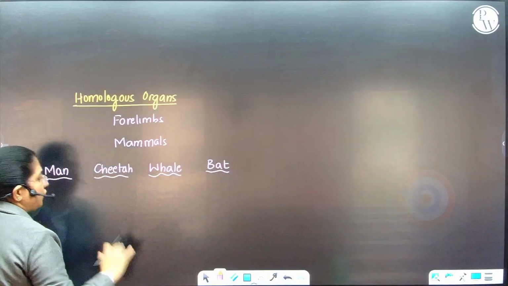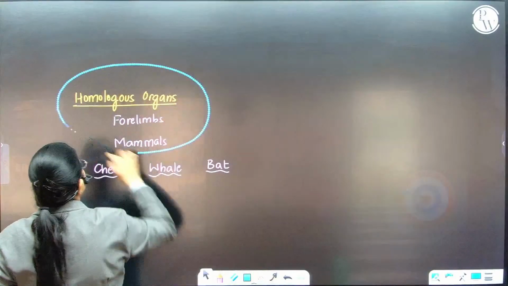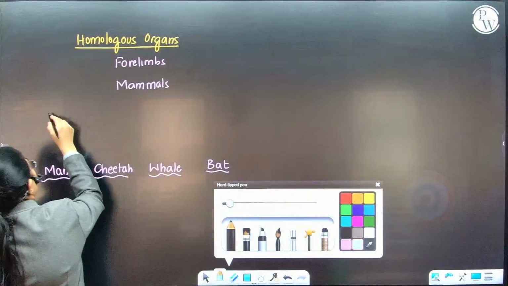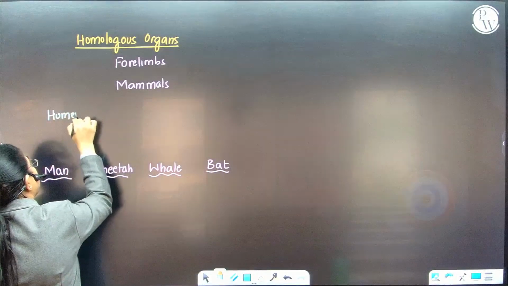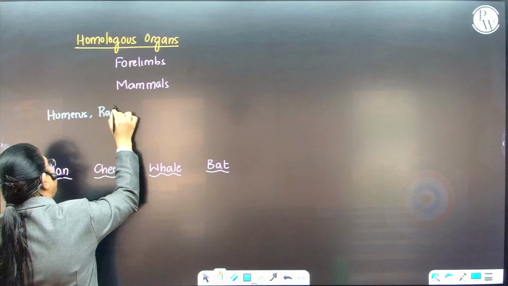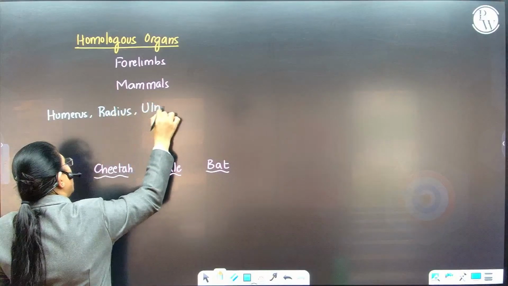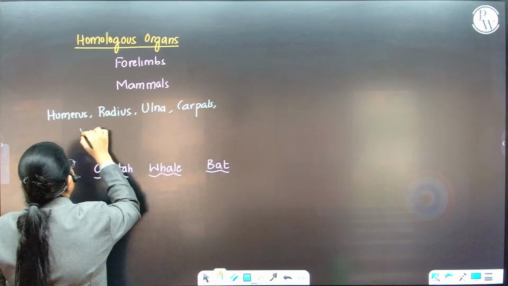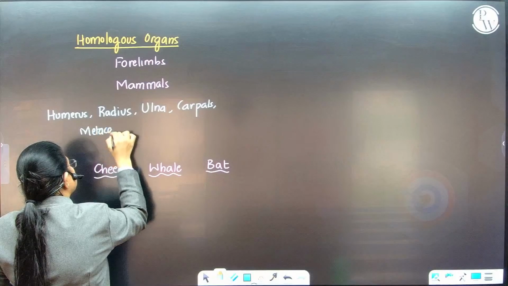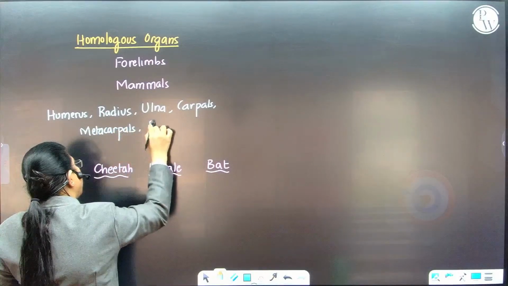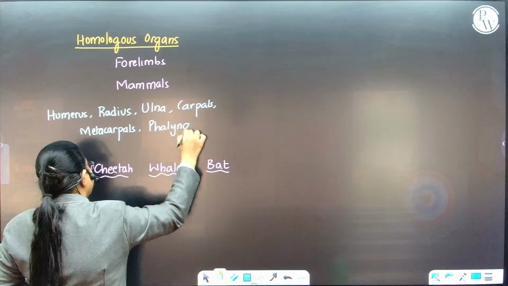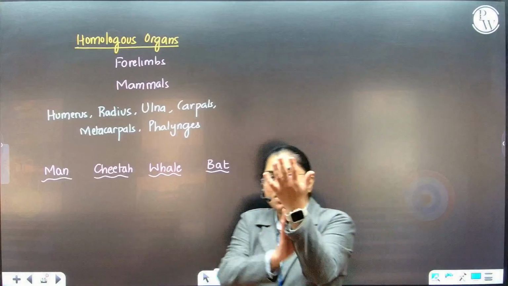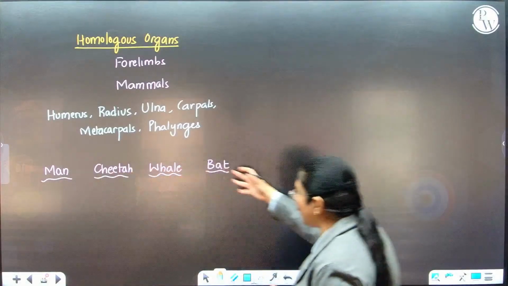All of their forelimbs have humerus, radius, ulna, carpals, metacarpals, and phalanges. We have studied this even in the locomotion chapter, isn't it? So as we have humerus, radius, ulna, carpals, metacarpals, and phalanges, so do all these mammals.